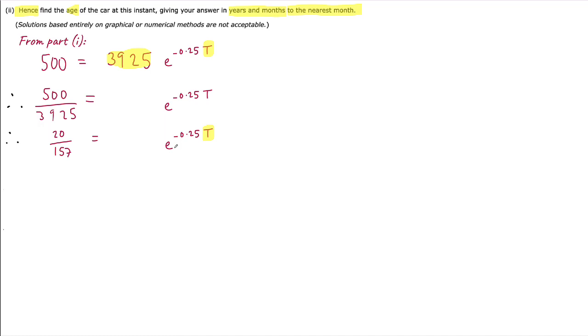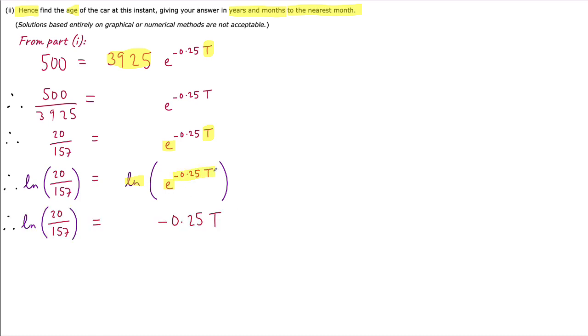In this case, we're going to take logs of base e. That's taking natural logs. So we're going to have ln of the left-hand side equals ln of the right-hand side. The natural log and the exponential here on the right-hand side as inverse functions will cancel one another out, leaving us with the power here. So we have minus 0.25T on the right-hand side.